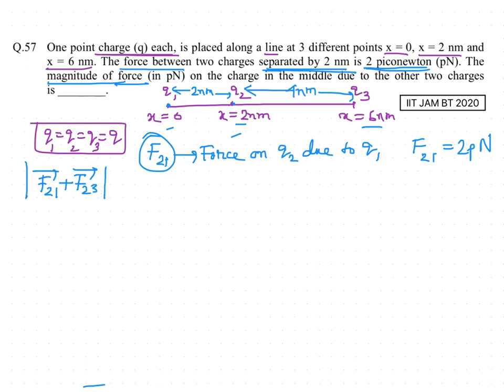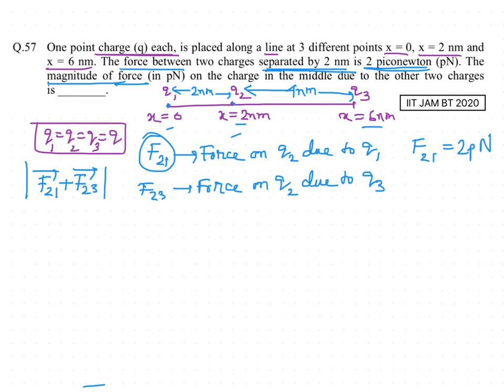Here F21 represents force on Q2 due to Q1, and F23 represents force on Q2 due to Q3. So we need to calculate the net force on Q2.